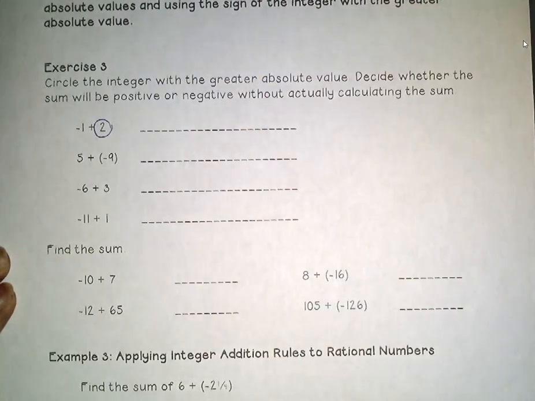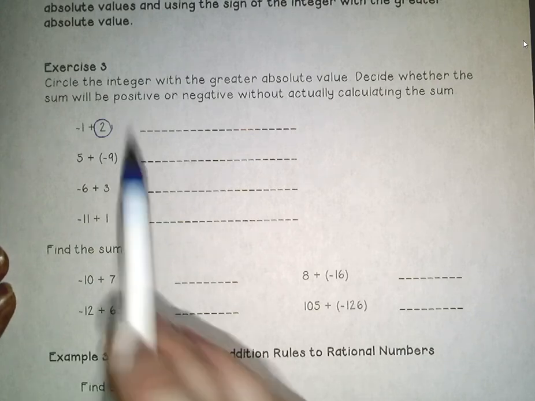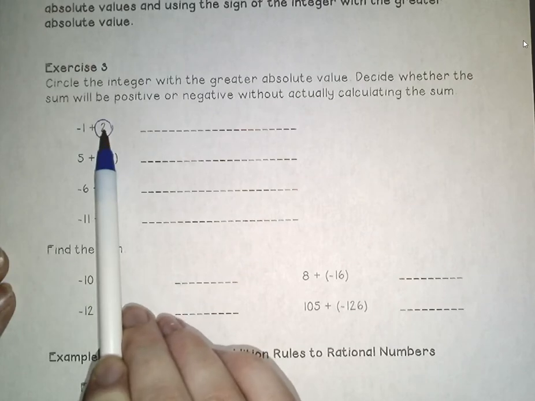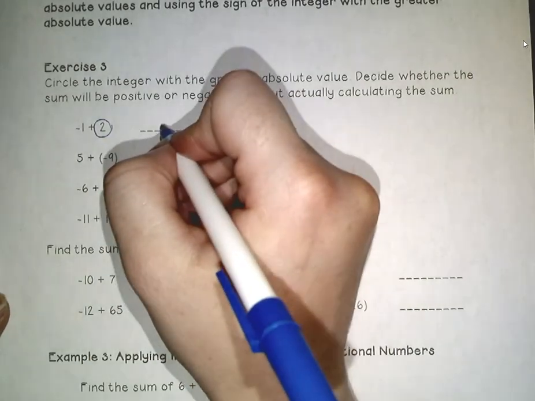So to find their sum, we are going to subtract the two numbers. 2 and 1, what is the difference? The difference is 1. Which is the higher absolute value? Positive. So my answer is going to be positive because that is going to be the longer arrow on the number line.